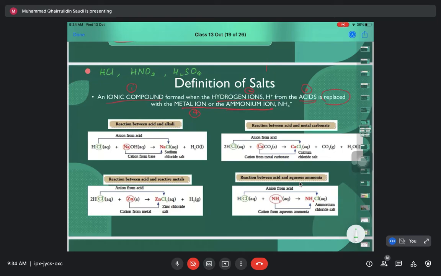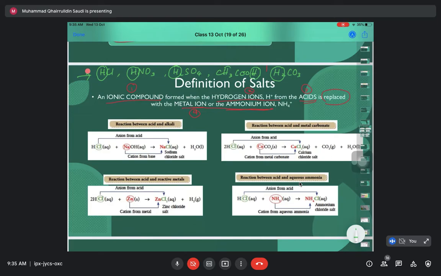Ada lagi tak? Okay, another one is carbonic acid. So from all these acids, we know that all acids have hydrogen ions. When they dissolve in water, they will ionize in water and release hydrogen ions. Okay, that is the definition of acids.